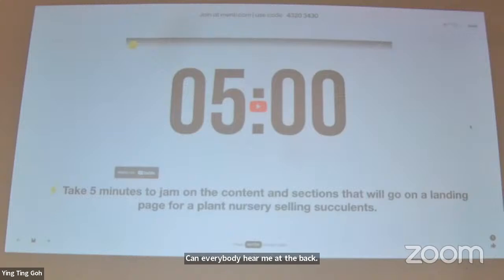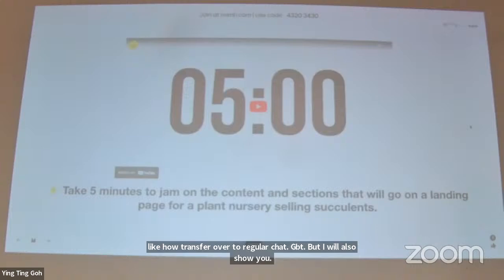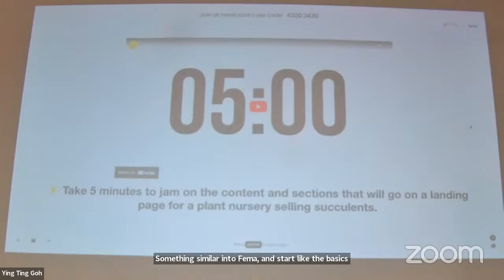So I'm going to use the landing page GPT that I have for Hatch Media House, and you'll see how it might take a prompt. Then we'll transfer over to regular ChatGPT, but I will also show you how I can take something similar into Framer and start the basics of the design going already. Okay, so give me one moment.